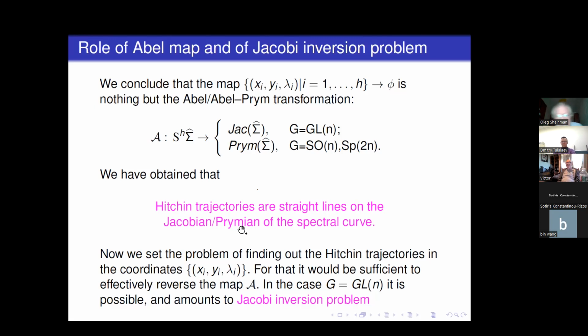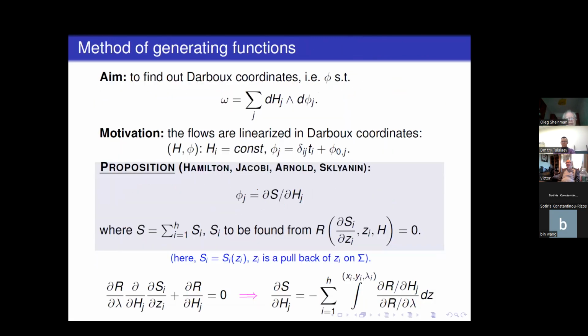Sorry, I didn't explain why they are straight lines, but let me return. It's because the symplectic form of the system is canonical in the coordinates h and phi.